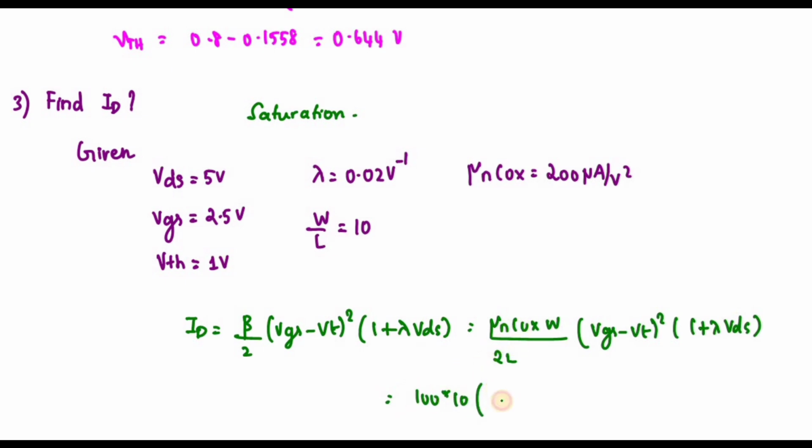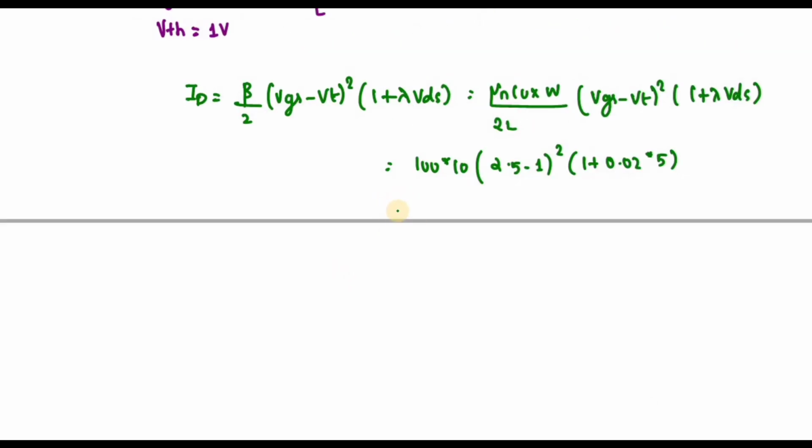VGS is 2.5 and VT is 1 volt, so 1.5 the whole square, into 1 plus lambda, which is 0.02 into 5. So 1.1.